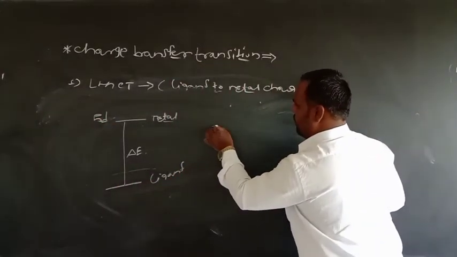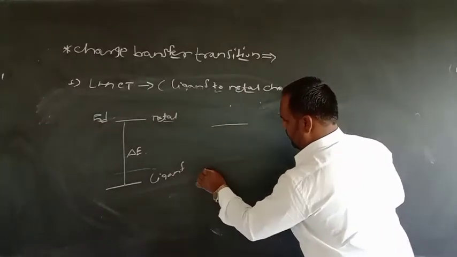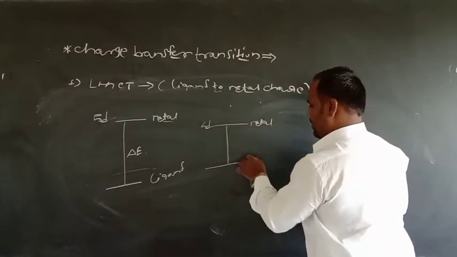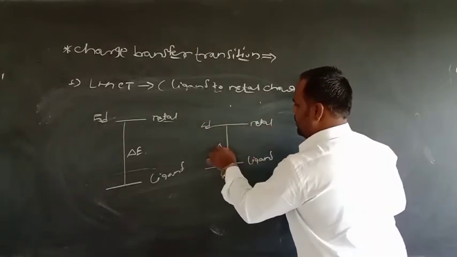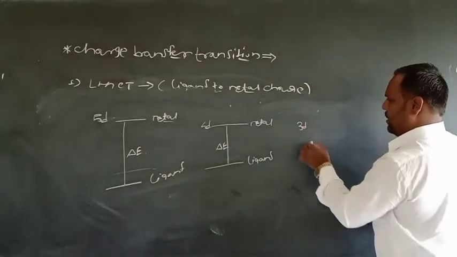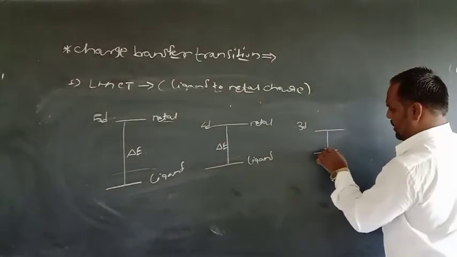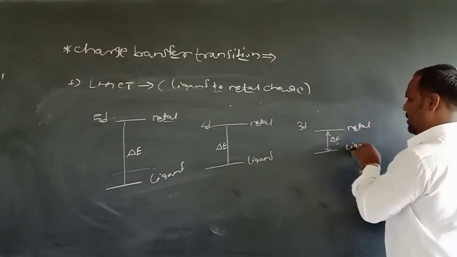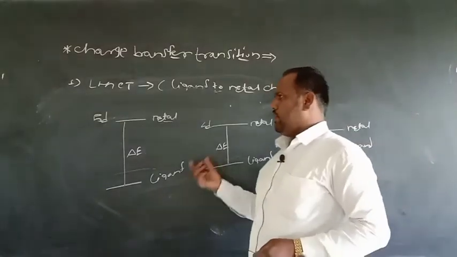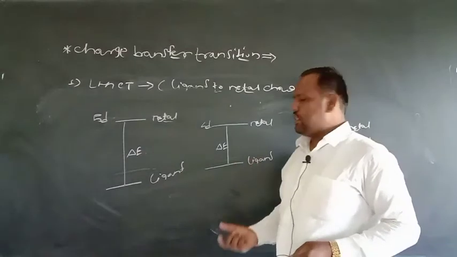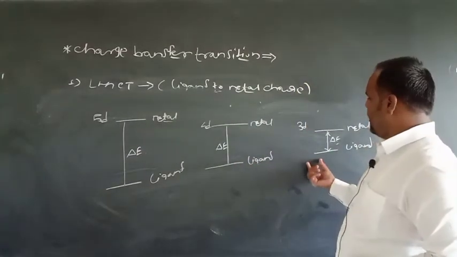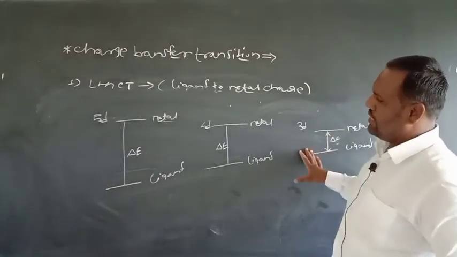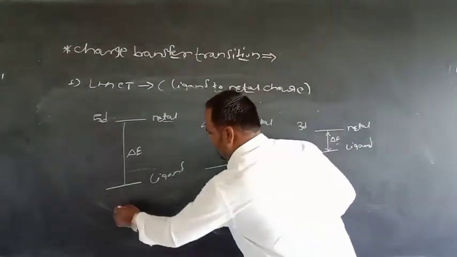Then if you go to 4d, this is metal and this is ligand, the energy difference. And if you go further, that is 3d, the energy difference goes on decreasing between metal and ligand. So one characteristic of the metal is that it should have a low principal quantum number. As the principal quantum number decreases, the energy difference between the two orbitals also decreases, and the intensity of the charge transfer transition increases.